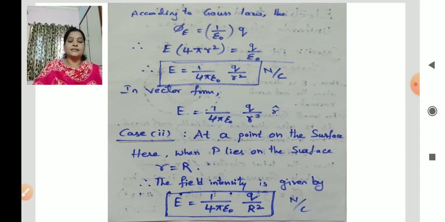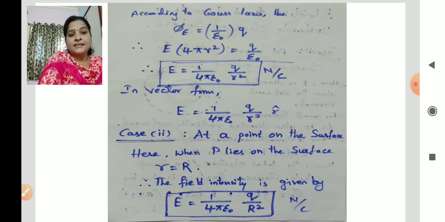So E into 4 pi r square is equal to Q by epsilon naught. Therefore, the electric field intensity E is found to be 1 by 4 pi epsilon naught Q by r square. And the units of the electric field are Newton per Coulomb, Newton Coulomb inverse. So in vector form, I can write the electric field intensity as equal to 1 by 4 pi epsilon naught Q by r cube into r vector.